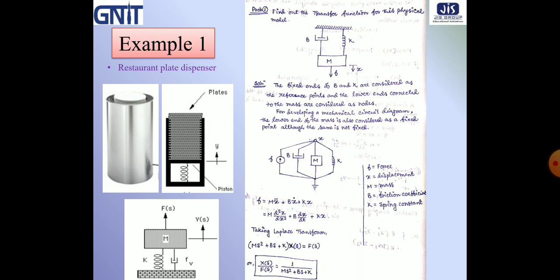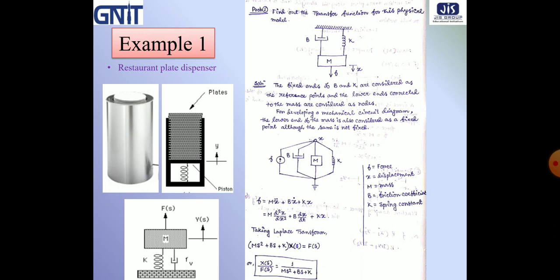So we have to calculate the transfer function, that is the ratio between displacement and force in the Laplace domain. So we have to calculate X(s)/F(s) in the Laplace domain. The equation we already have is f is equal to m d2x/dt2 plus b dx/dt plus kx.